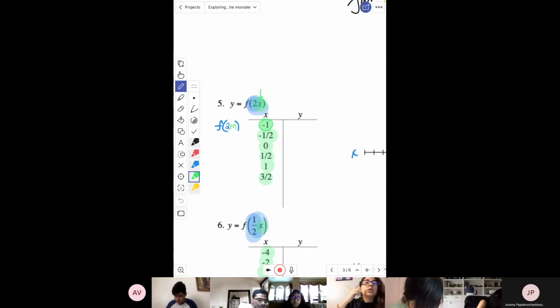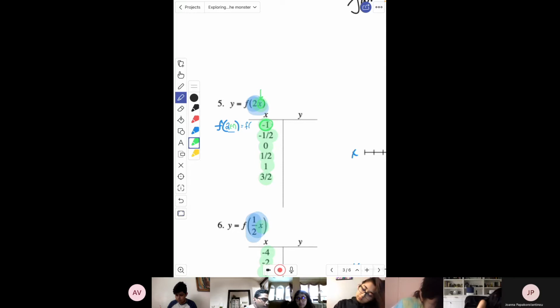So then I'm really evaluating the function at what? 2 times -1 is what? Do you see, Ariana? All I'm doing is taking the x value and substituting in here. So 2 times this -1 gives me what?